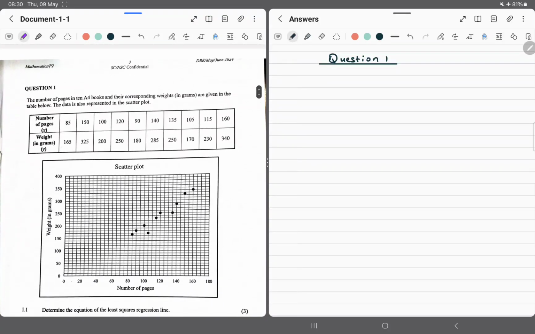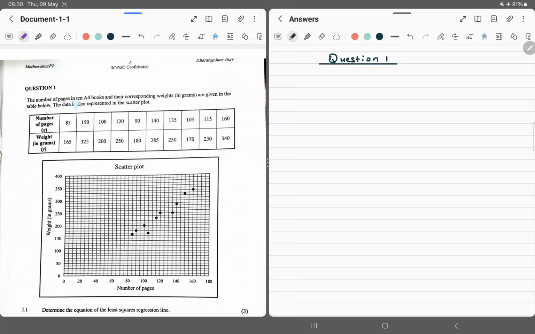First question, statistics, easy stuff. We know here we are definitely going to need to do the least squares regression line, because once we see bivariate data, it already tells us we're going that way, and we can see the scatter plot. Let's read.